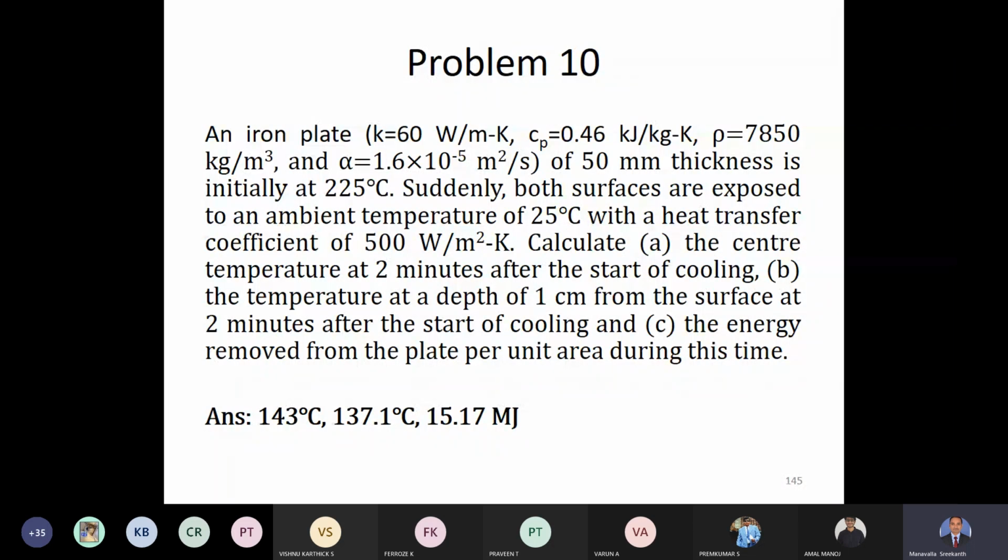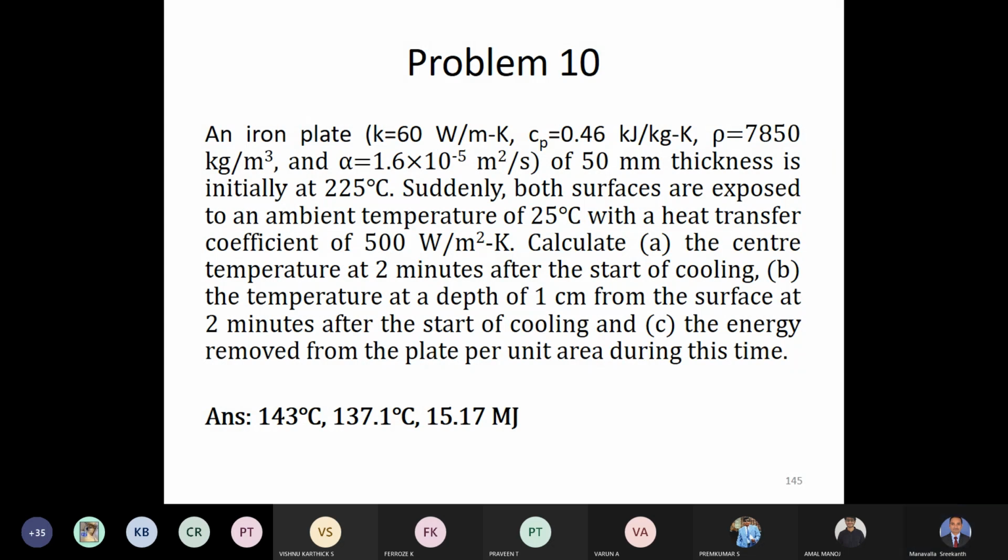An iron plate, whose conductivity, specific heat, density, and thermal diffusivity are all given, of 50 millimeter thickness is initially at 25 degrees Celsius. Suddenly, both surfaces are exposed to an ambient temperature of 25 degrees Celsius with a heat transfer coefficient of 500 watt per meter square Kelvin.